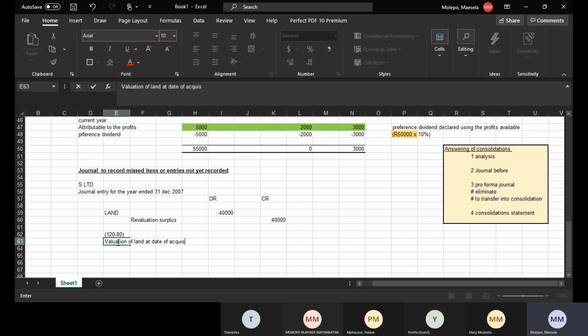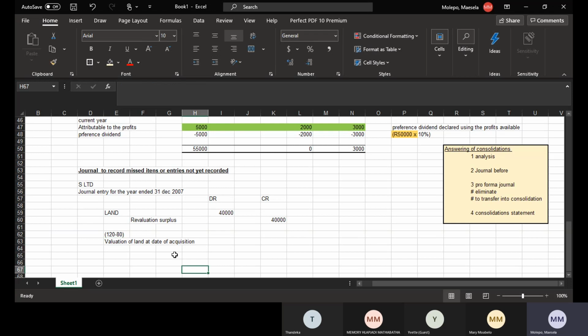Why are you recording that journal? What do you want to achieve? If you know what you want to achieve by doing this journal, then you won't get it wrong, because you know that my purpose was to revalue the land, and the land increased on the debit side. And what caused the land to increase? It was the revaluation. So my revaluation, as part of the retained earnings, increases on the credit side. It's important to know the purpose of why you're recording this journal. What do you want to achieve by recording the journal?